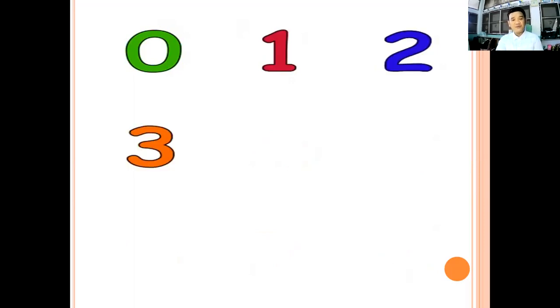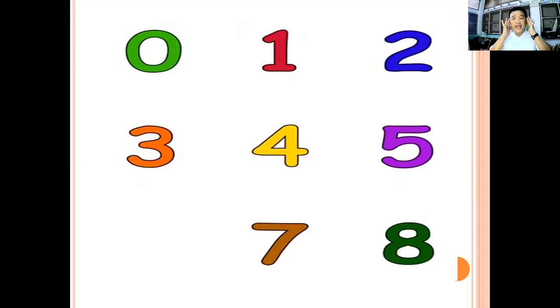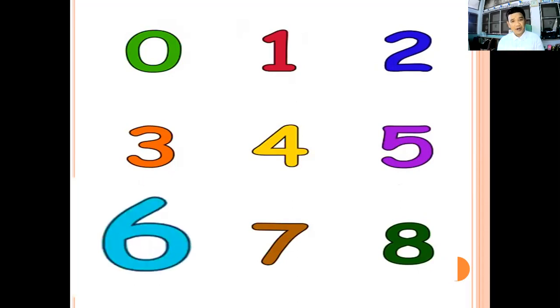Now, there is a next pattern: 0, 1, 2, 3, 4, 5, 7, and 8. Oh, there is a missing number. What do you think is the missing number? You are trying to guess using your brain, and you are predicting what the missing number would be. The correct answer is number 6. So you are predicting what would be the next number. The missing number is 6.